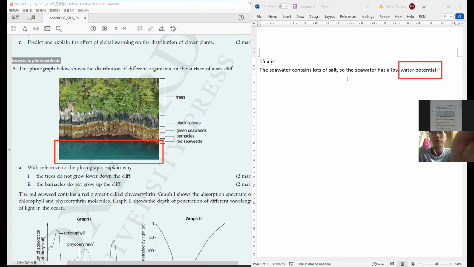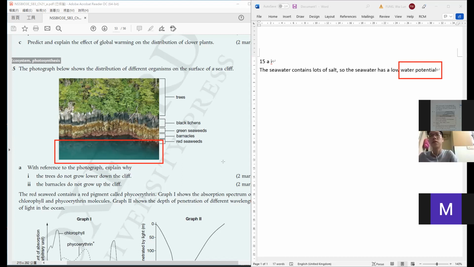What is water potential? It's potential energy of water per unit volume relative to volume. I hear you speaking, but I don't hear what you say. It's a potential energy. Oops, you muted. You mute the mic.